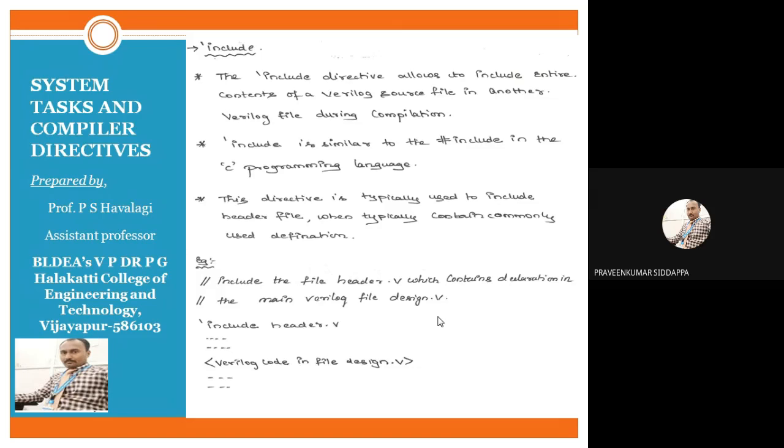In C language, we use hash include stdio.h. What does it indicate? Whenever we are writing a C language program, we require some header files. With the help of header files, we are writing the programs, so we have included standard input output files in your programs.